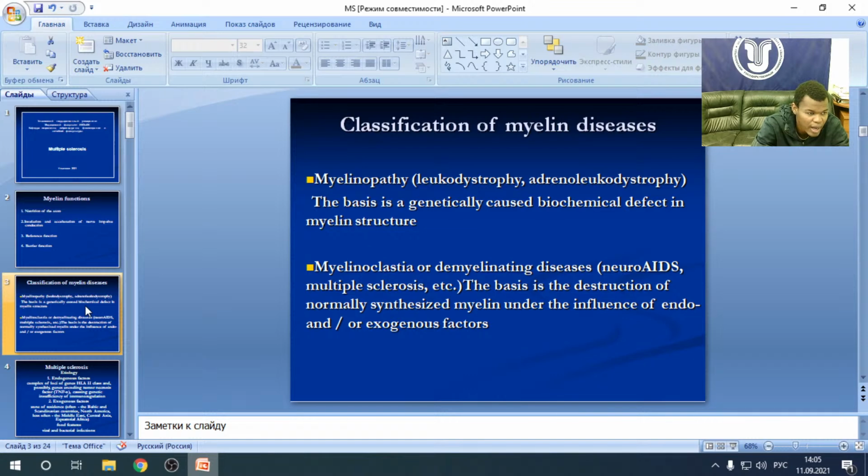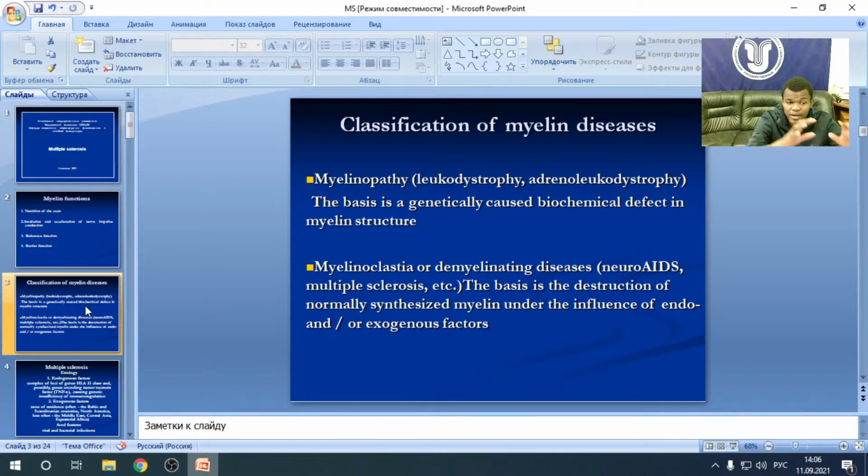Under myelinopathy, you have leukodystrophy or adrenoleukodystrophy. The basis of myelinopathy is a genetically caused biochemical defect in the myelin structure. But myelinoclastic or demyelinating diseases are caused by destruction of myelin, which is caused by exogenous factors or endogenous factors, right?